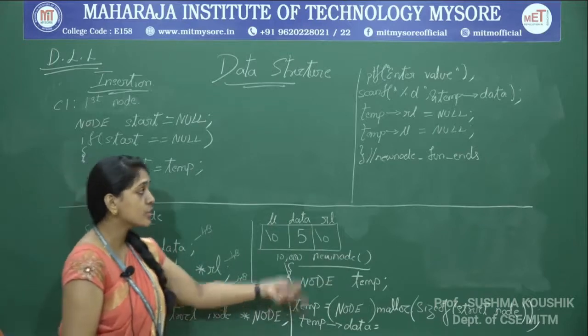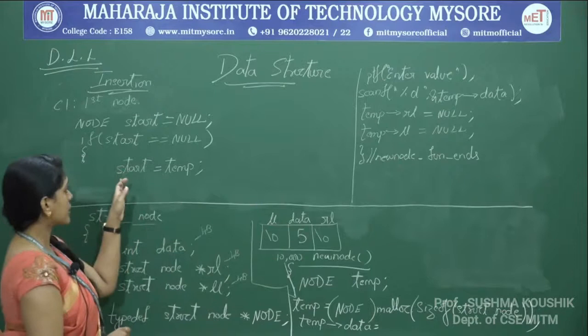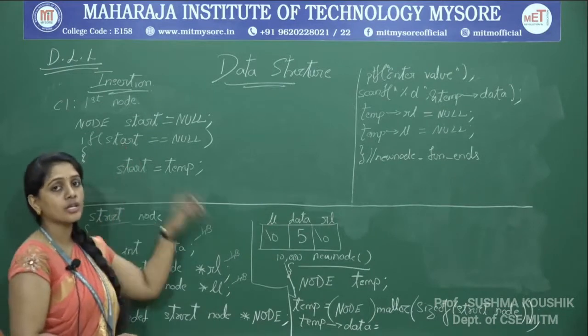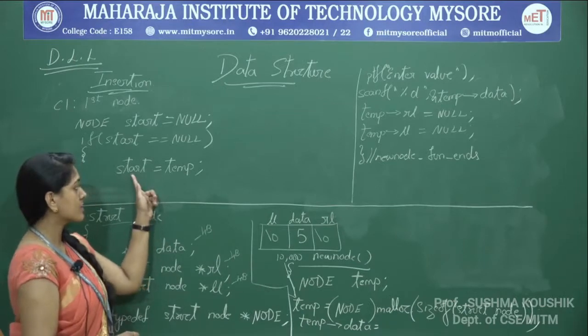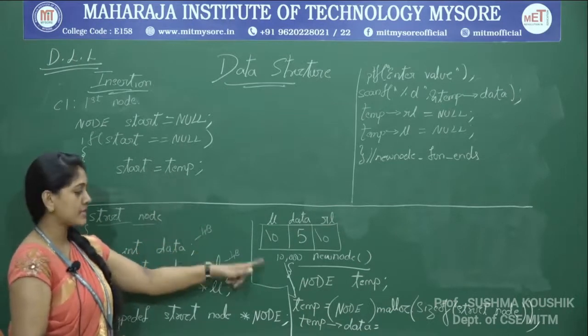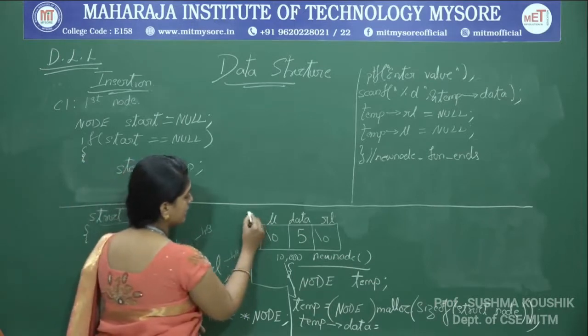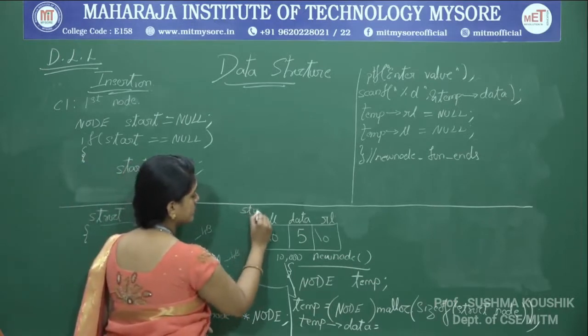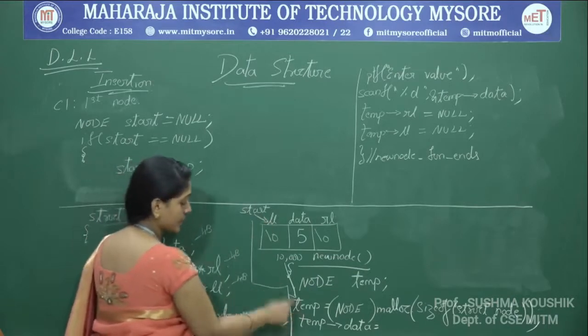Okay, so once this new node is created, this is existing as such, and now I am checking whether this is the first node or the next node. So I am taking this is the first node, so start is equal to temp. We have assigned this, so this becomes the first node, and the start pointer is also pointing here. Start is pointing over here, temp is also pointing over here.